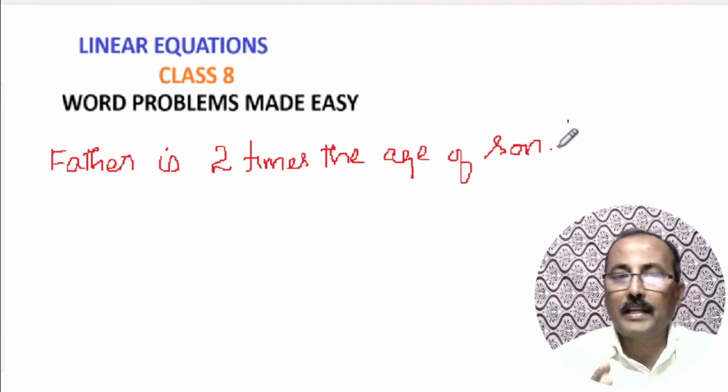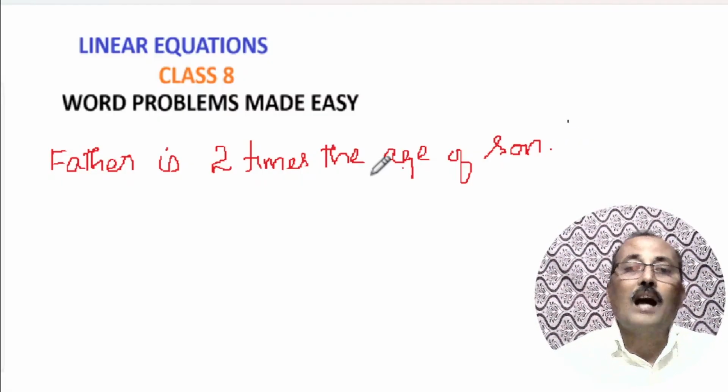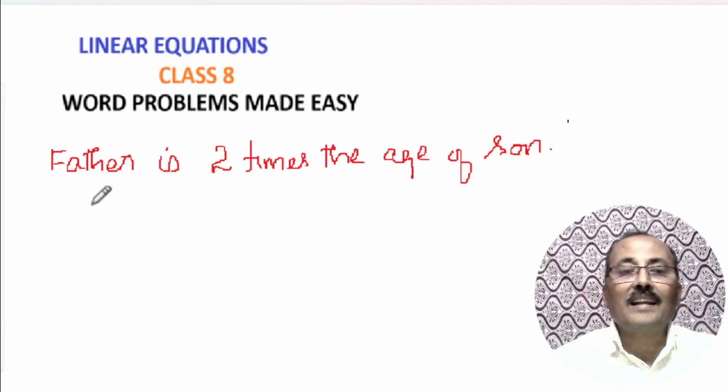Here they are comparing two people, that means father and son. We don't know both of their ages, and moreover, they didn't give any other condition. Up to this, what can you do? Suppose you assume the son's age, because the son will be smaller.